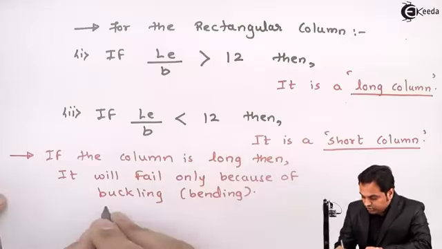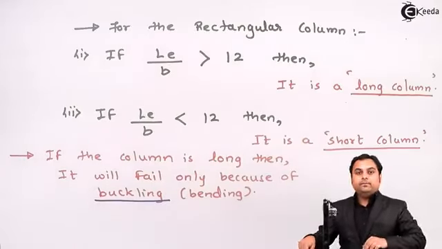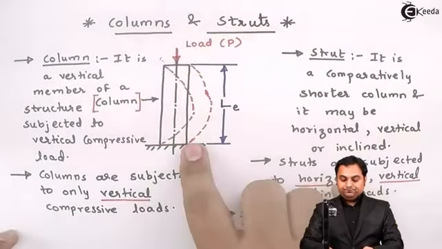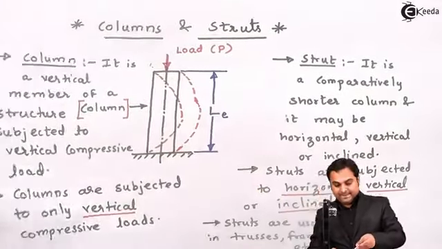So if there are long columns, they will fail only because of buckling, that is bending, and that bending will be in such a form. This is the buckling of the column.